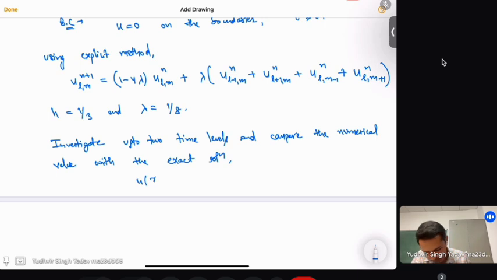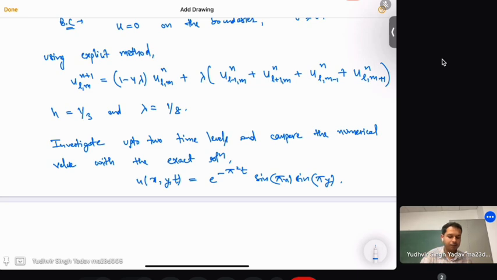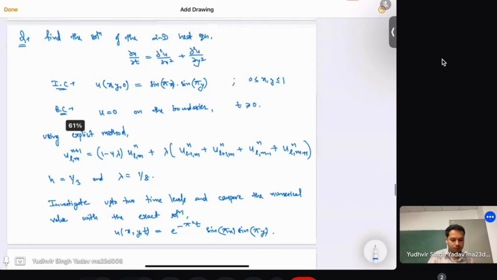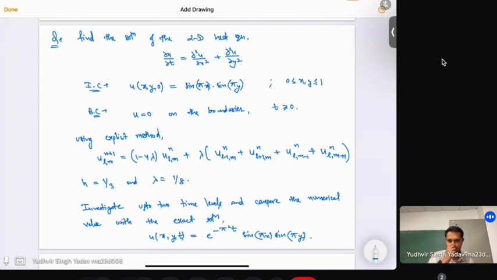And the exact solution is given as u as a function of x, y, and t, e to the power minus pi square t, sine pi x, sine pi y. So this is the complete question that we have to solve here.